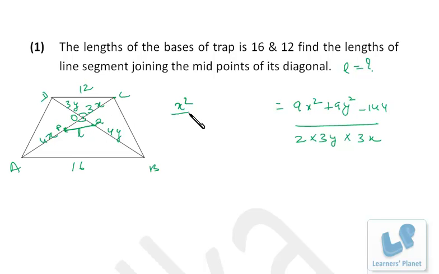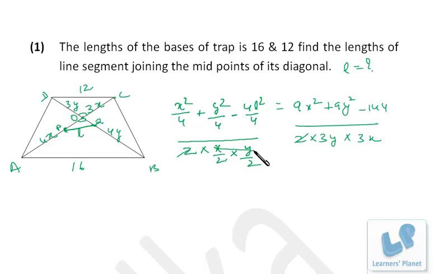So that's x square by 4 plus, similarly from this point to this point, it will be y square by 4 minus L square. So I write 4L square by 4. So I get 2 times x by 2 into y by 2. This 2 is cancelled. XY is cancelled. This 4 and this 4 are cancelled.